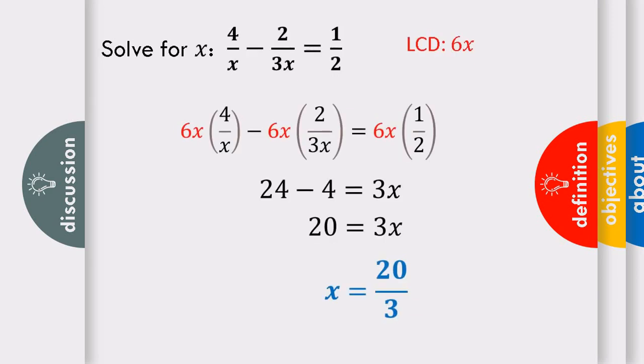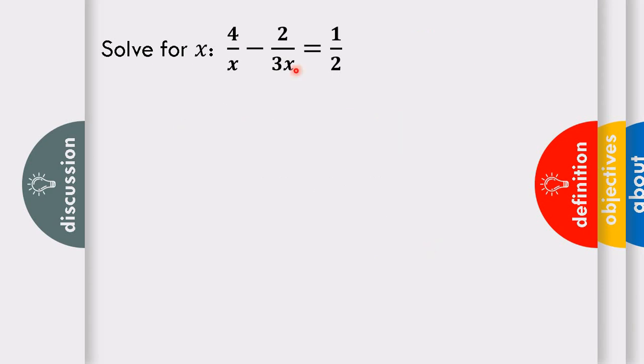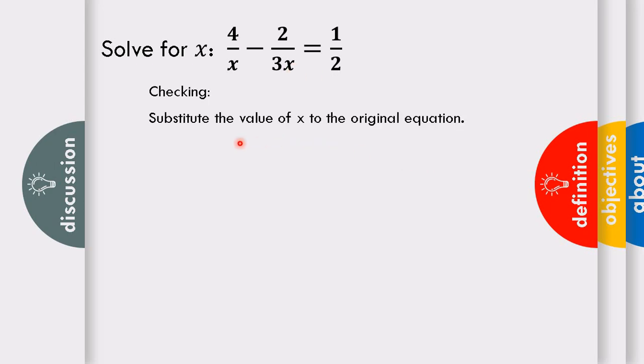So next, let's verify if the solution is really 20 over 3. Using the same process in example number 1, we will substitute the x value to the rational equation. So checking. Substitute the value of x to the original equation, 4 over x minus 2 over 3x equals 1 half.